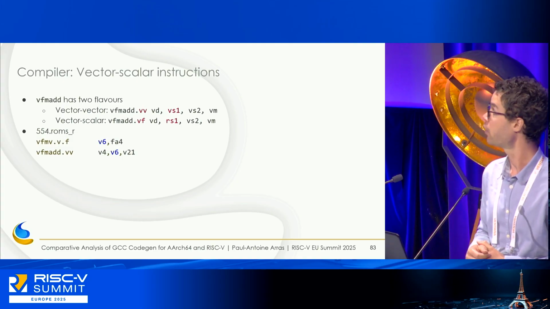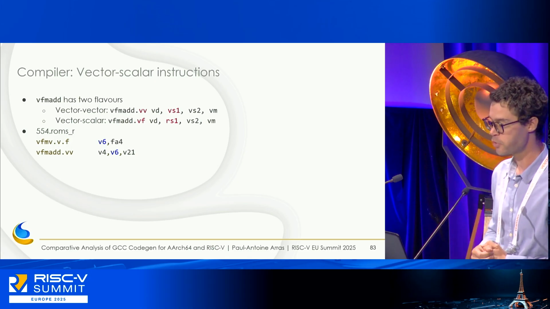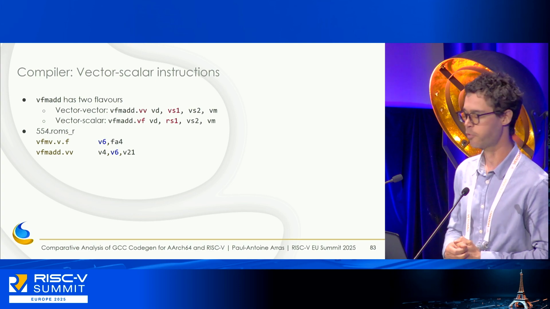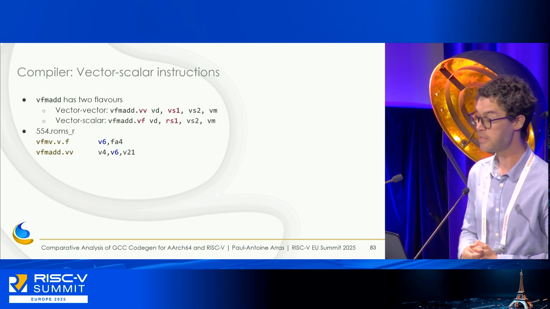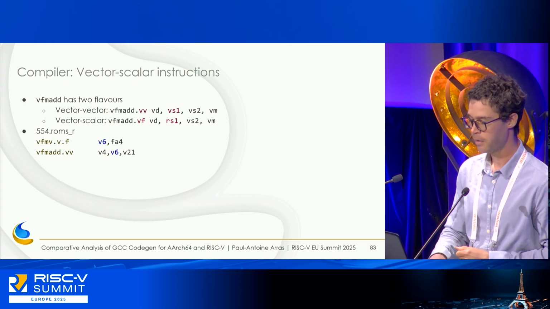If we look at the ROMS benchmark, we can see that we have a number of instances of this snippet, the sequence of a vector floating point move instruction followed by a vector floating point multiply add. And you can see here in blue, the V6 register is being reused immediately.